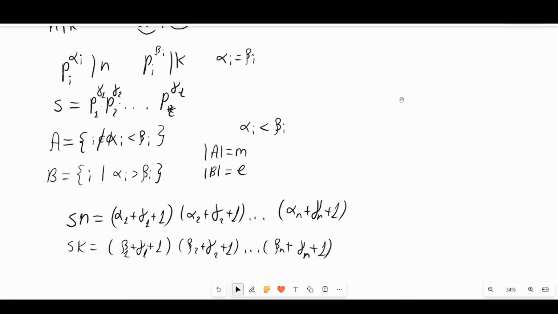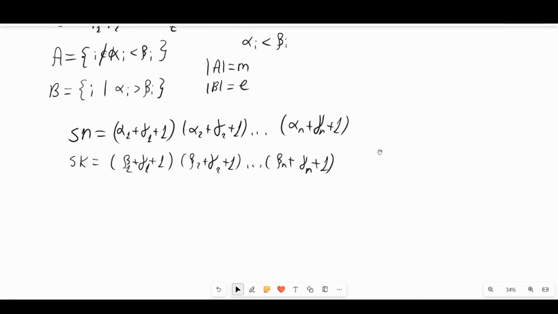And in this case, we can take the ratio of these two numbers. If this equals 1, we can split these into two different subsets, for the indices which are in A and for the indices which are in B. And now look at the first one.